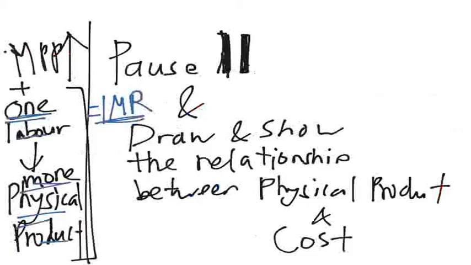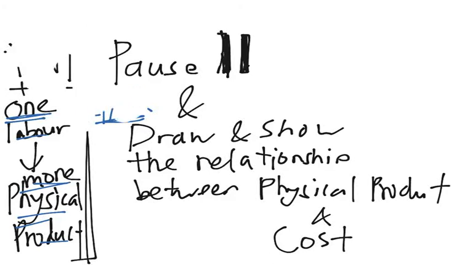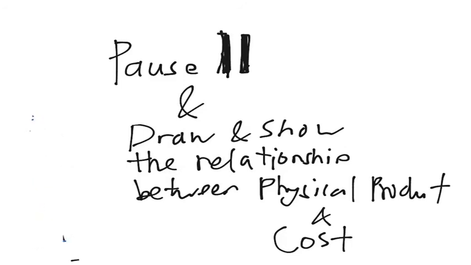Okay? So now, I want you to pause and just recall the relationship between the marginal physical product and marginal cost, and draw the curve that shows the relationship between the physical product curve and the cost curve.